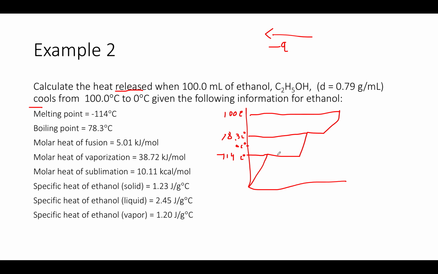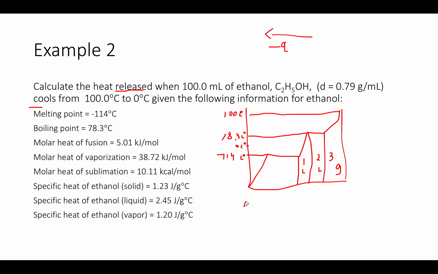So we only will have 3 Qs. 1 Q here, 1 Q here, and the other Q here. So 1, 2, 3. Here it's a liquid, here it's a liquid, and a gas, but mostly liquid, and here it's a gas.